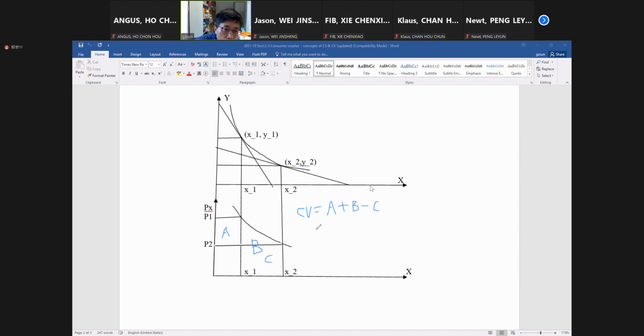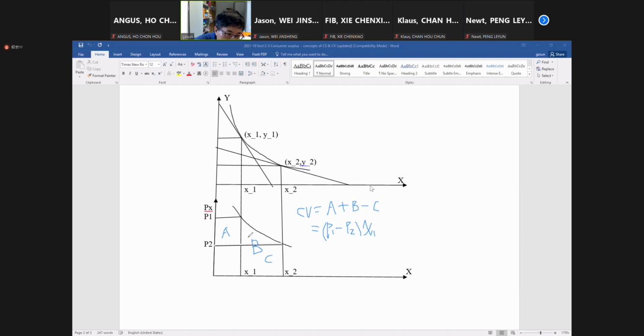What's A? A clearly equals the difference between price P1 minus P2, times X1. And B is this part.